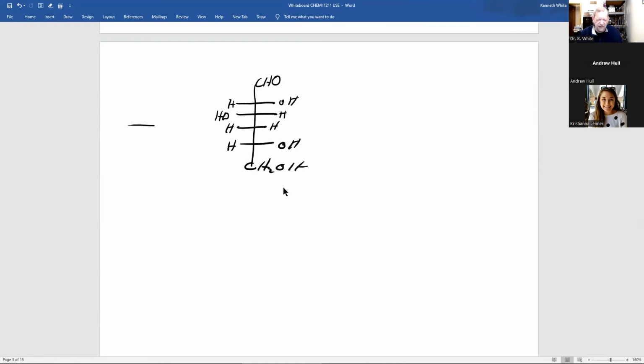Why don't you, for this molecule, circle all the chiral carbons? I could have put that earlier, 3 points each. So I'm asking you, circle all the chiral carbons in that molecule. Your turn.